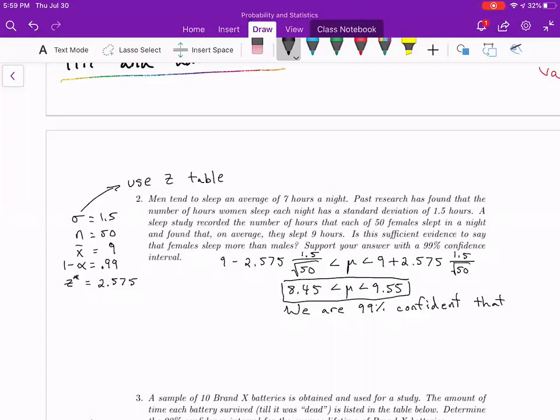We are 99% confident that women sleep on average, and now you put in your interval bounds, 8.45 to 9.55 hours a night.